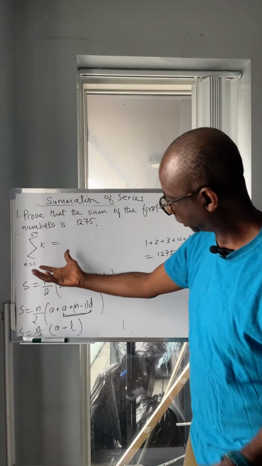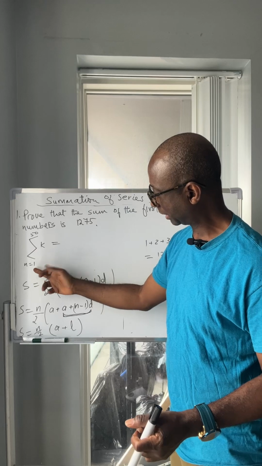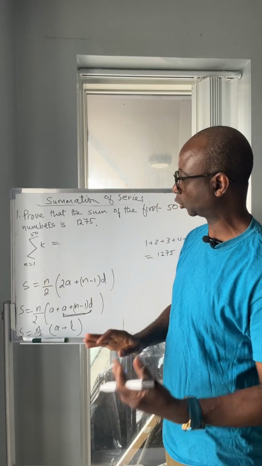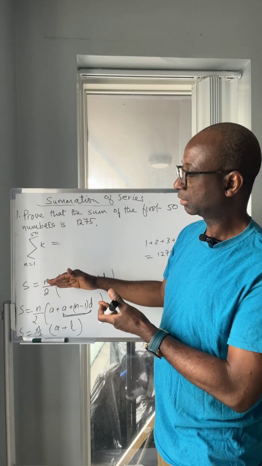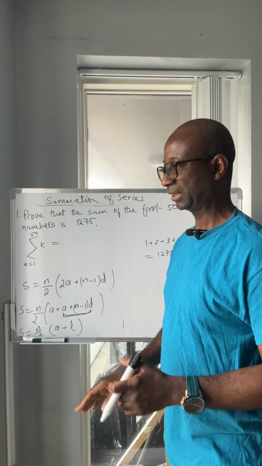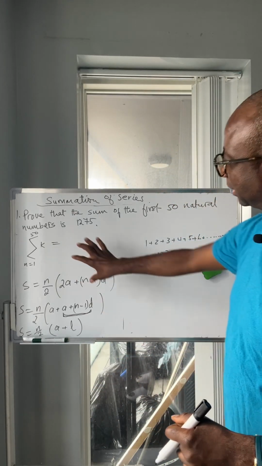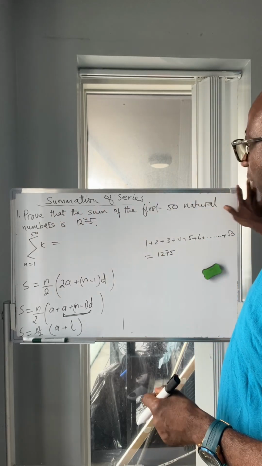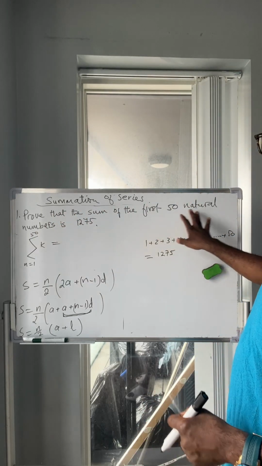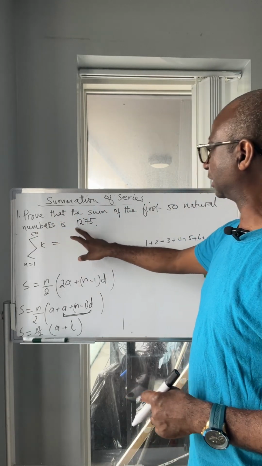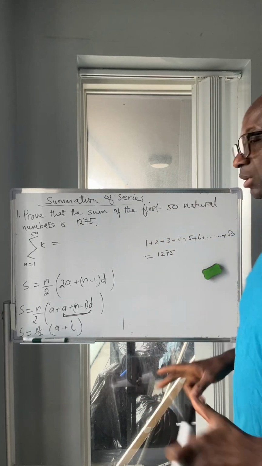So this sigma notation, n equals 1 to 50, means you are starting to count from 1, 2, 3, 4 up to 50. And the natural number here is k. So this is the representation of this question: prove that the sum of the first 50 natural numbers is 1,275.